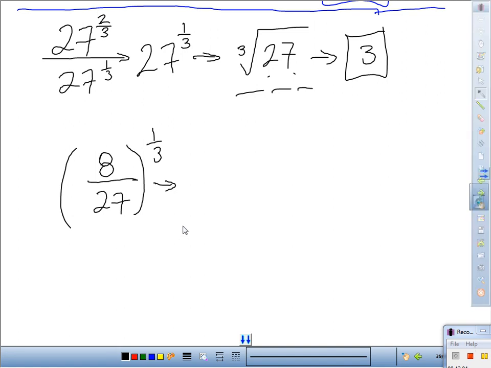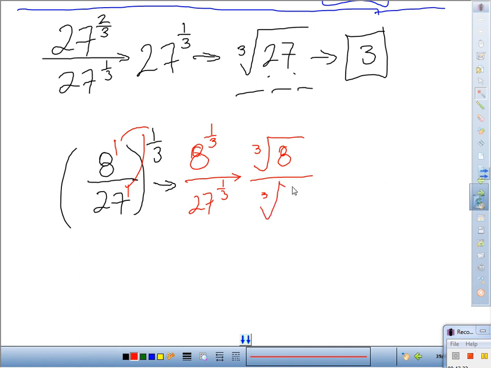Oh, you picked Jake. Okay, process. What do we do? You write the 1. 1 and 1, distribute. So we have 8 to the 1/3 over 27 to the 1/3. And then? Cube root of 8, cube root of 27, and this is 2 over 3. Hands, have you got that?